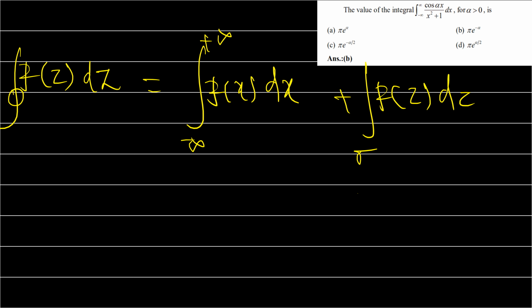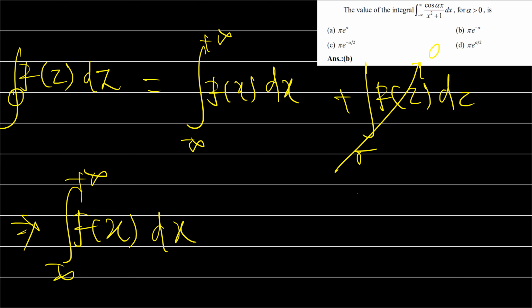Now we have all studied in our BSc complex analysis that this thing will be 0. This is a lengthy thing, so I'm not showing it here. But the integral of f of x dx from minus infinity to infinity will be equal to the integral of f of z dz along the contour.